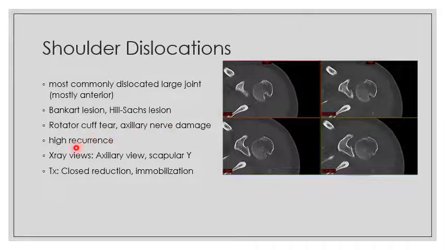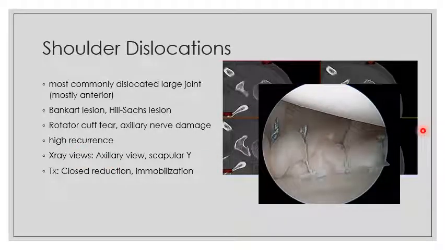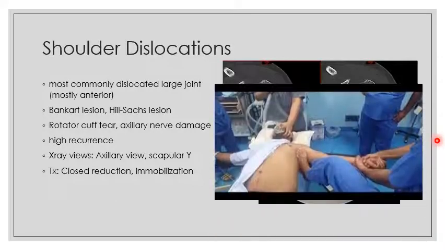So the X-ray views you have to request are your axillary view and scapular Y views. Usually this is the surgical repair where you do a Bankart repair arthroscopically, and this particular one is a type of reduction.